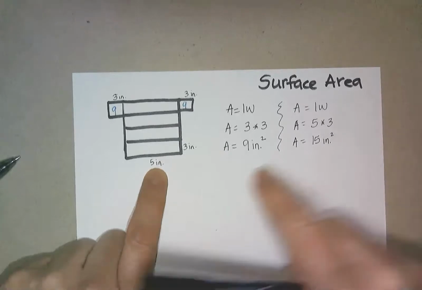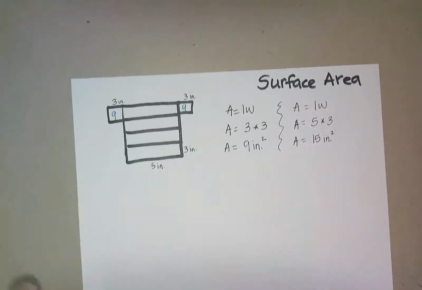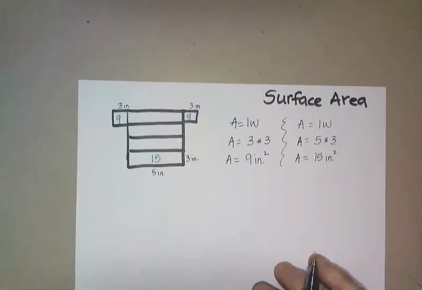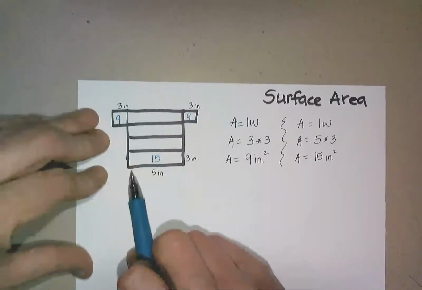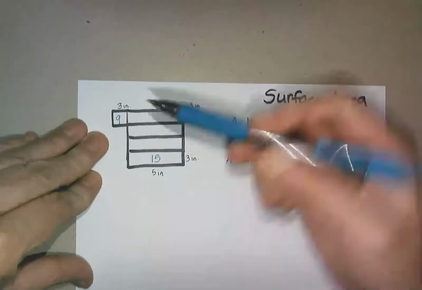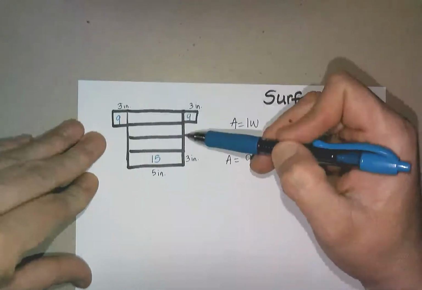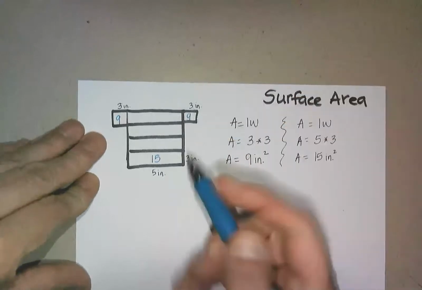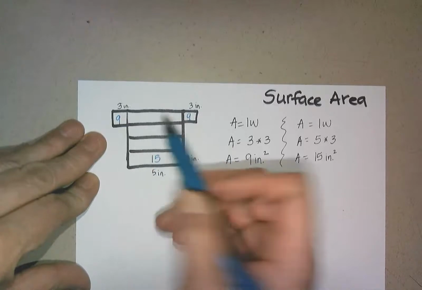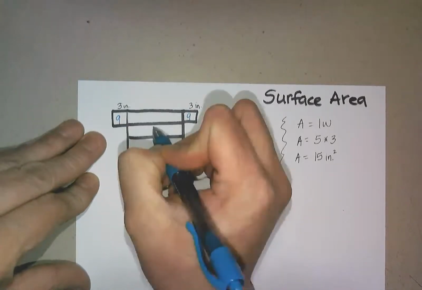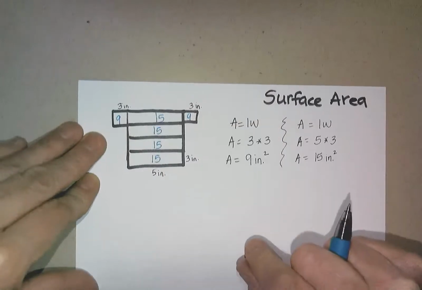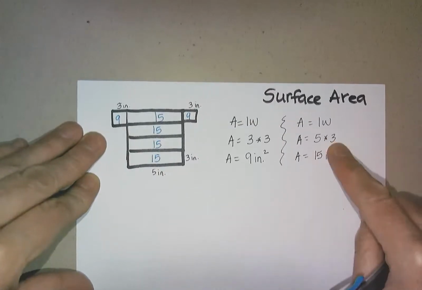So I now know that this is 15 inches squared. So I'm going to write 15 in here. Now, if this is 5, this is 5, this is 5, and so forth, and if this is 3, this is 3, this is 3, then all of these are 15. So now I'm just going to write 15, 15, and 15. That way I don't have to do this formula 3 more times.